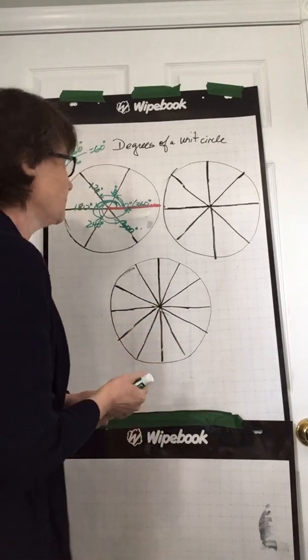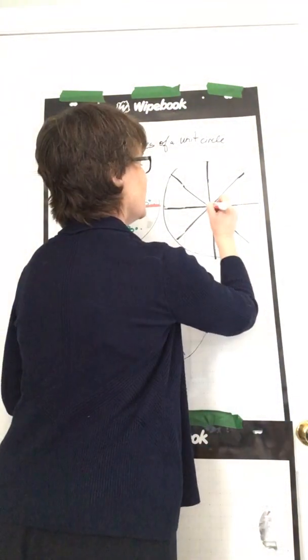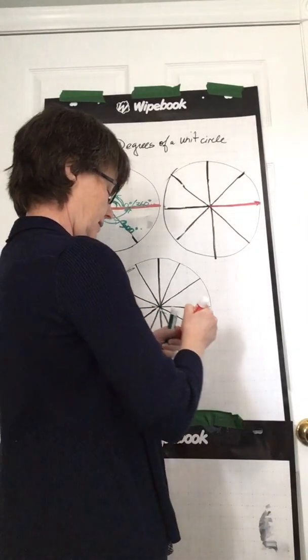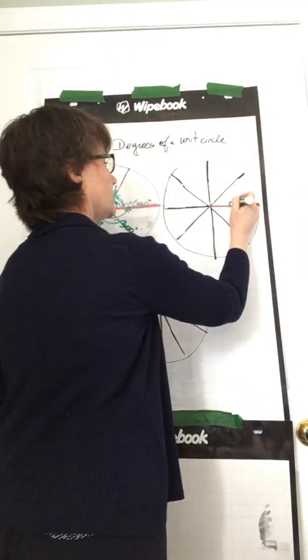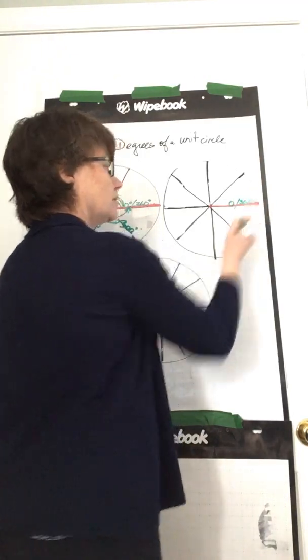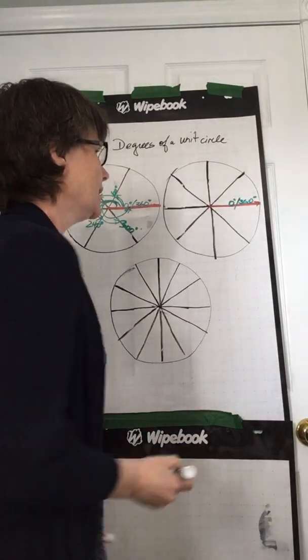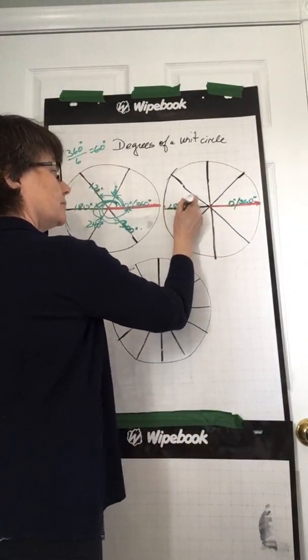So over here, again, we need to begin at the positive x-axis. This is where our 0 is. We know all the way around the circle is 360, so again, that's 360 degrees, and these are all degrees. Halfway around that circle we know is 180 degrees.